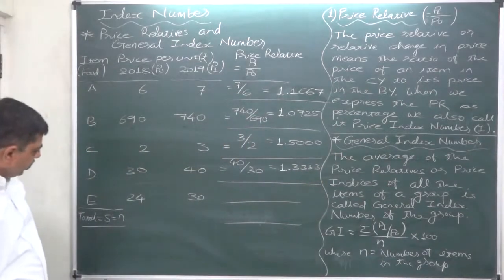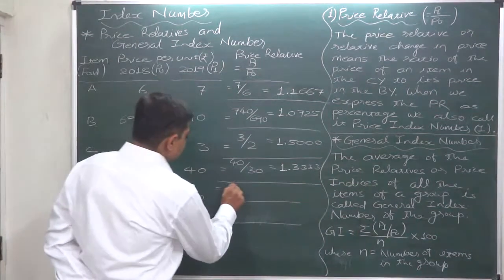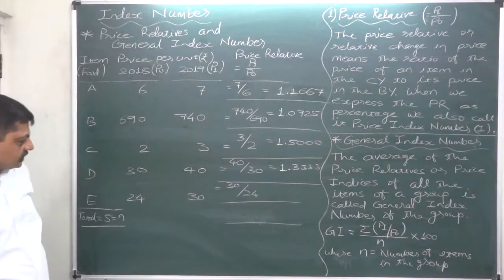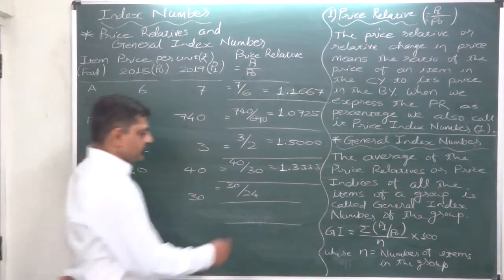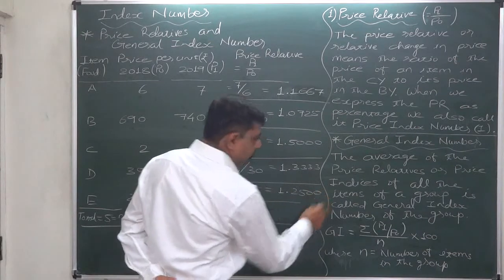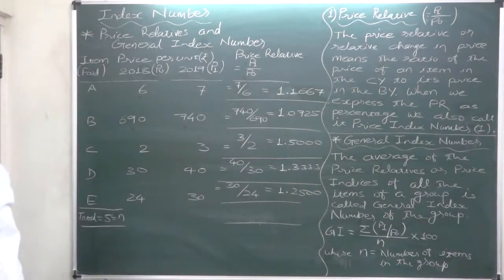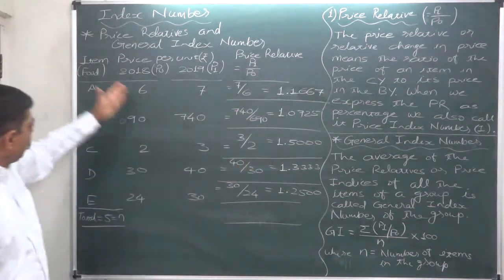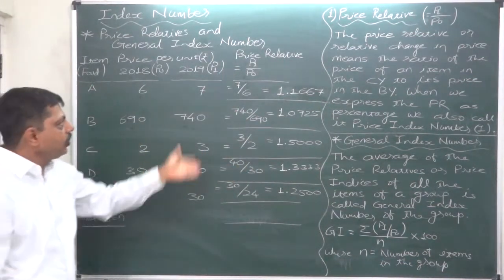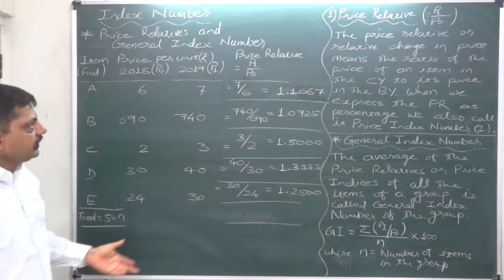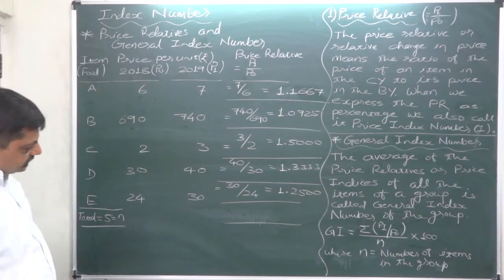And in case of E, price in current year is 30 and price in base year was 24. Increase of 25%, that means the price relative comes to 1.25. These are actually the index numbers, price index numbers of all the items, which are known as price relatives, or price index number of item, or relative change in price.